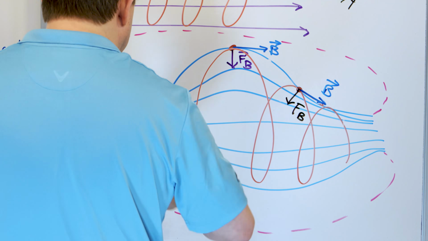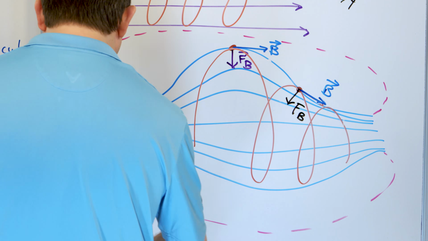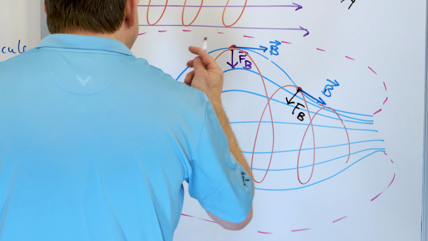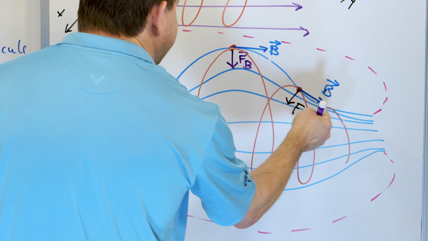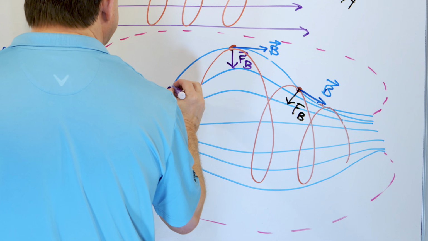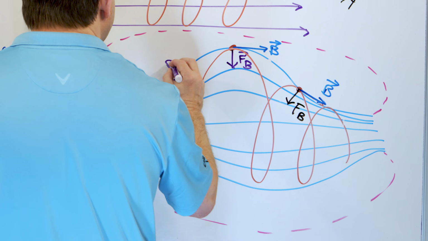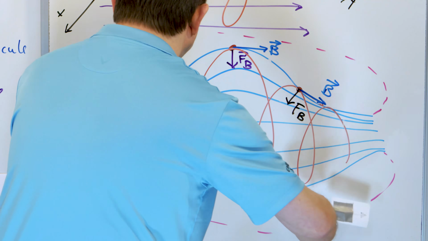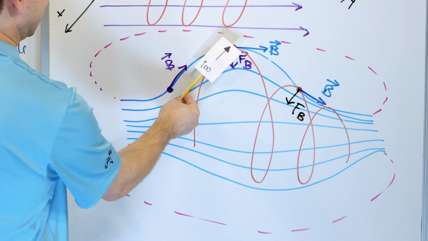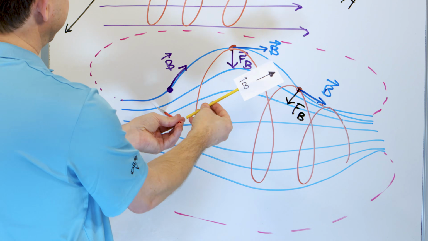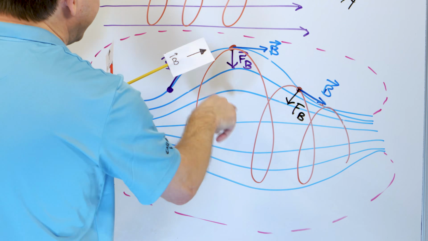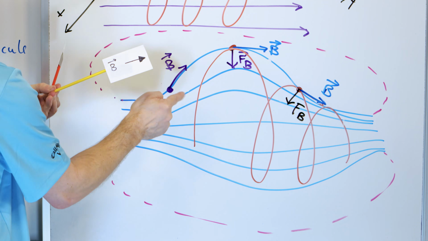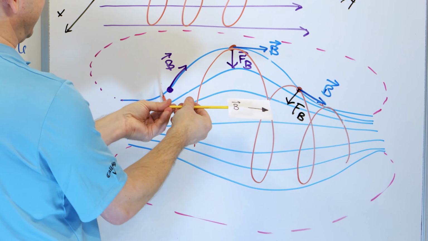The same exact thing is going to be happening over here. If you have a particle, after it's been kicked back over here, it gets to this part of the magnetic bottle. The magnetic field locally is up like this, and the velocity of the particle, again, is still into the board.